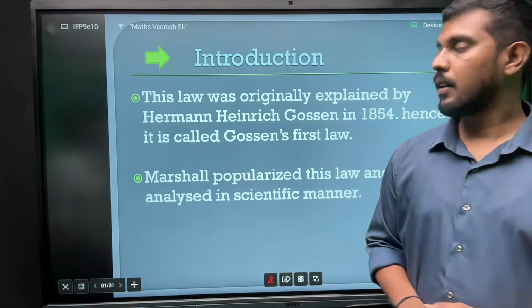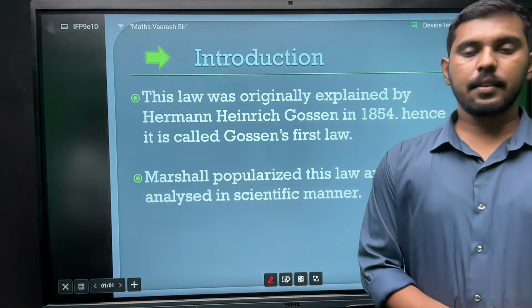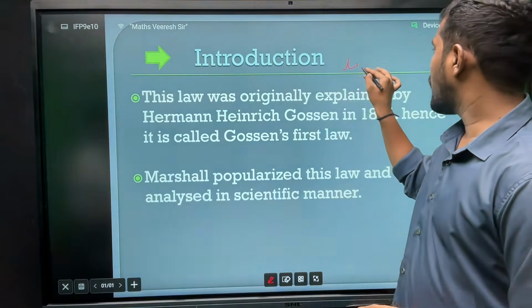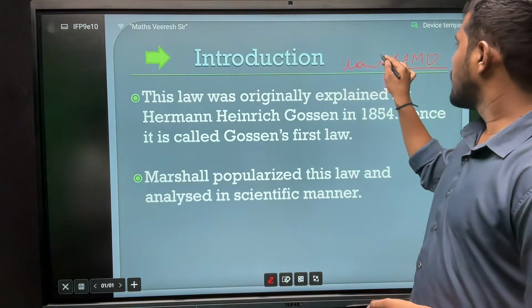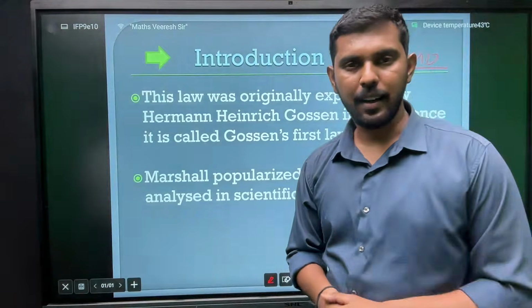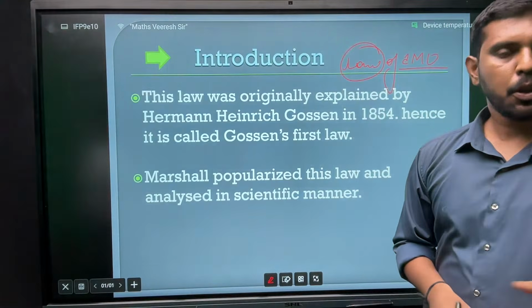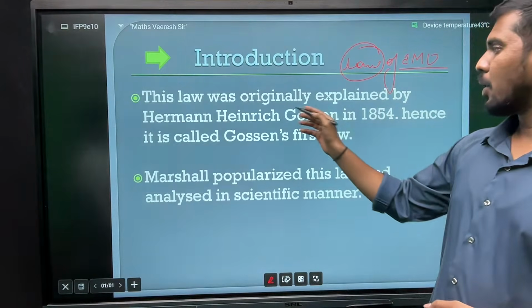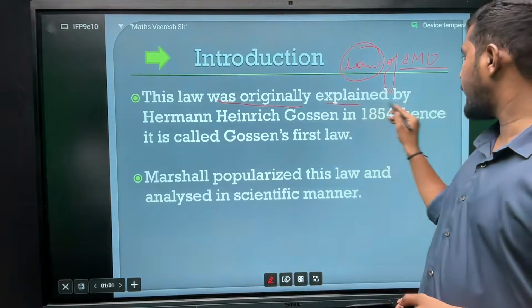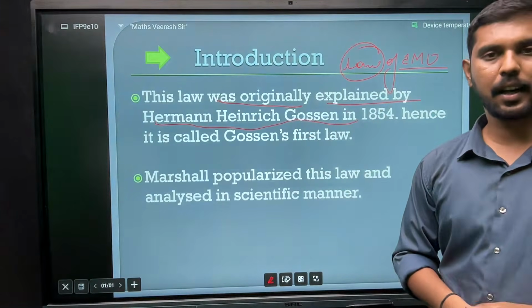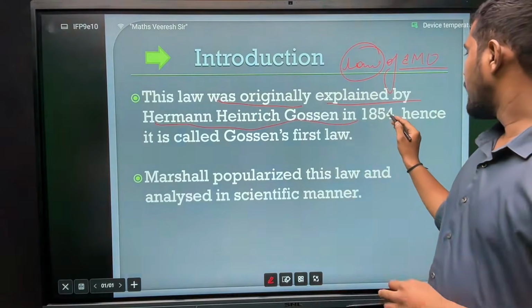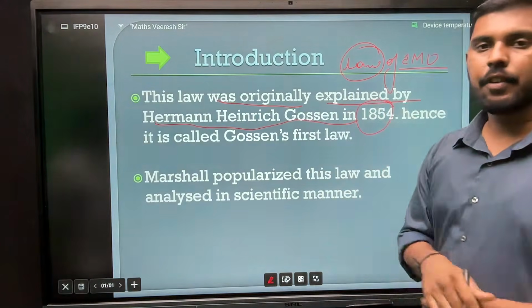Introduction. I told you, the law of diminishing marginal utility. A law has to be prepared by someone, right? The law was originally explained by H.H. Gossen. Write it in shortcut, H.H. Gossen, in the year 1854.